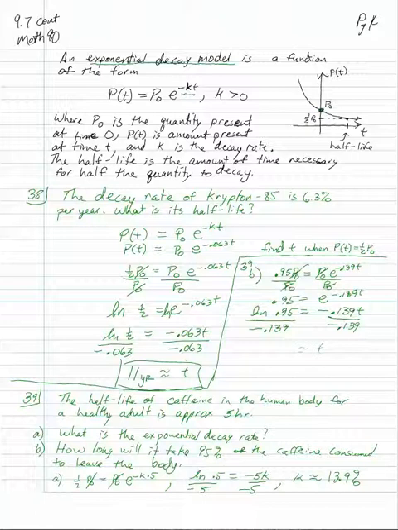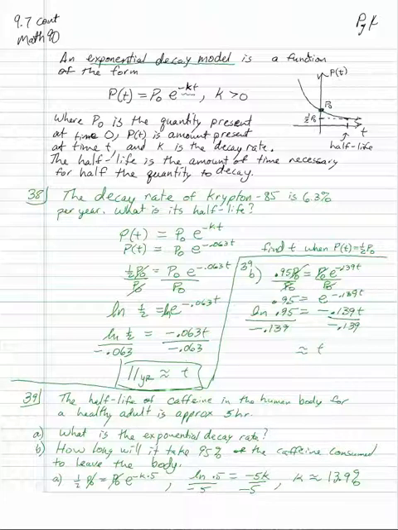So t is about ln of 0.95, which is negative 0.05, divided by negative 0.139. So it looks like 0.36.